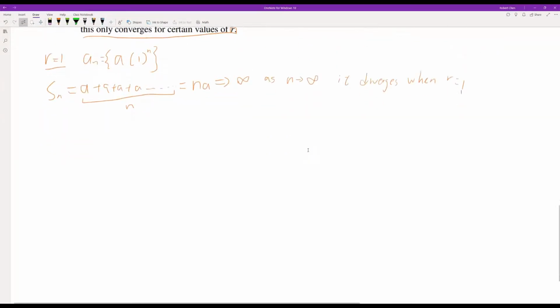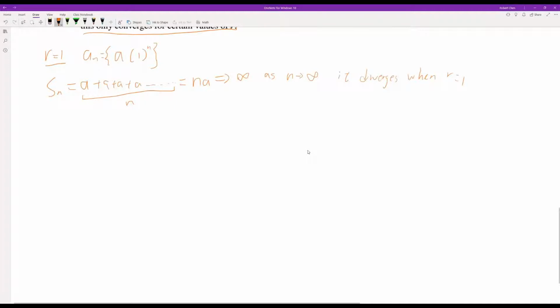Now, when r is -1, we get divergence as well, but for a different reason. Let's see. If the sequence is a times -1 to the n, that looks like negative a, a, negative a, and so on. That's the sequence we're looking at.